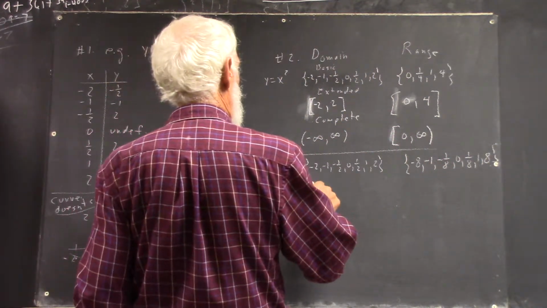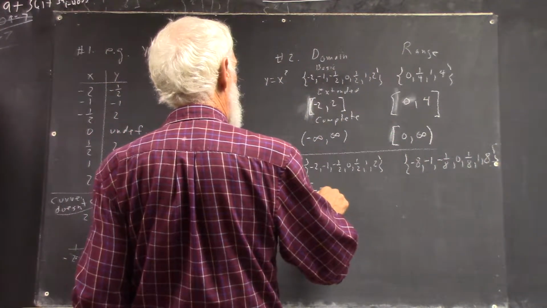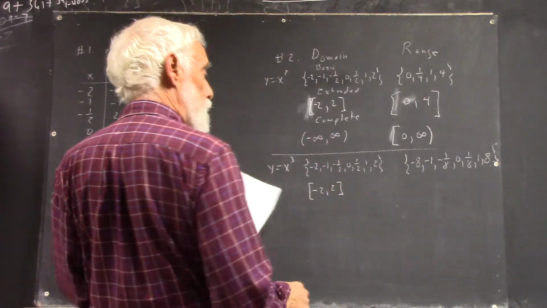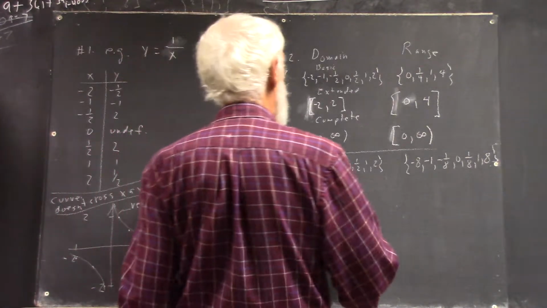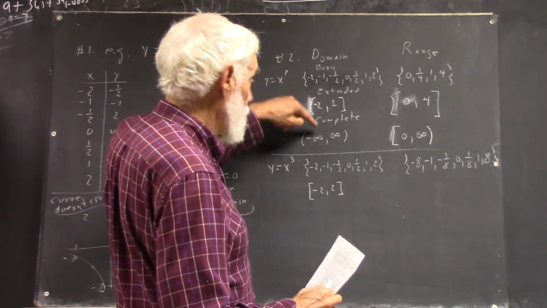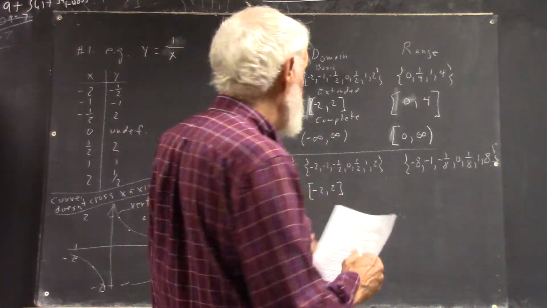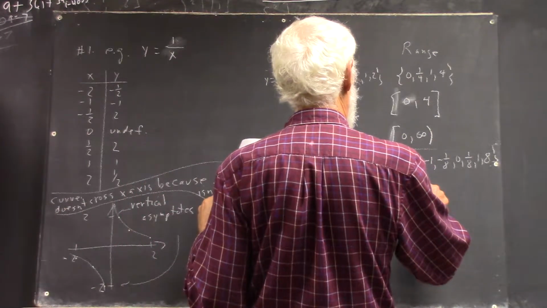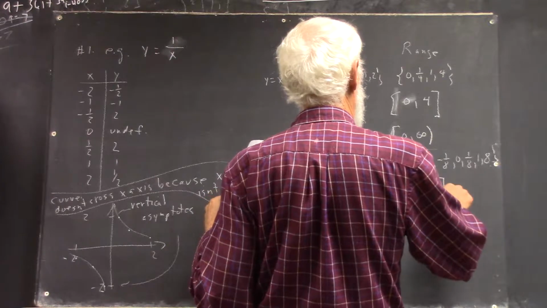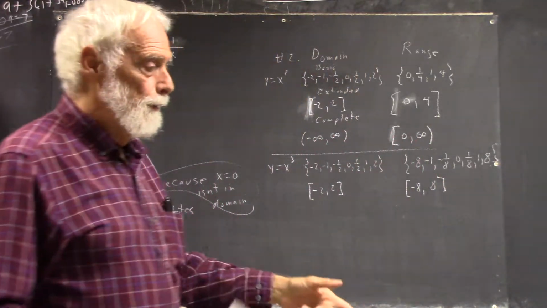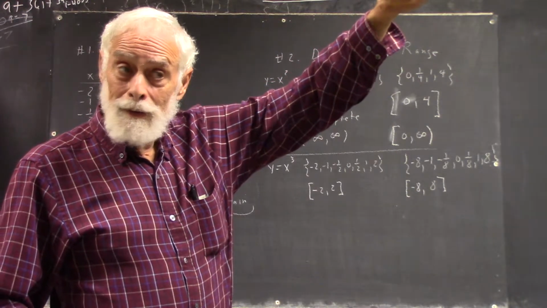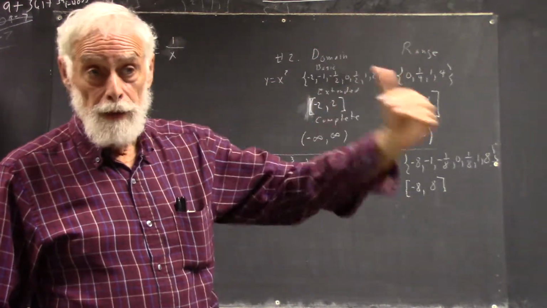Okay? The extended function is from -2 to 2. I'm just following the same pattern, basic, extended, complete, right? And the range would be from -8 to 8. The graph makes it clear that you can just connect these points. You get a graph that looks like this. And every y value from -8 to 8 has an x value.